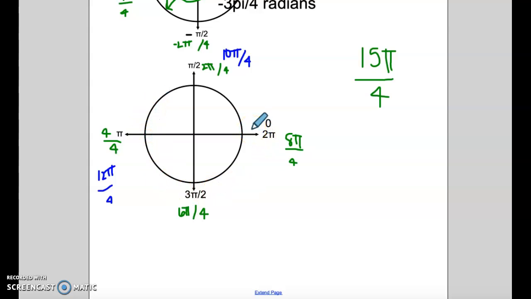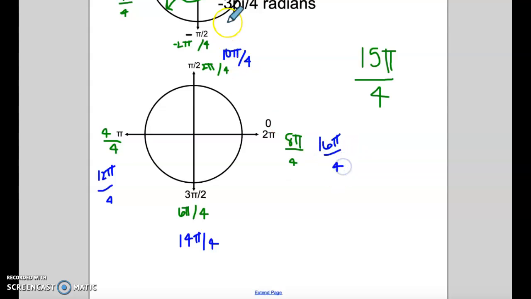It just keeps on going, just like it would with degrees. Okay, here's 14 pi over 4. And then all the way to the beginning would bring me to 16 pi over 4, which simplifies to 4 pi, which would bring me back to 2 pi here.